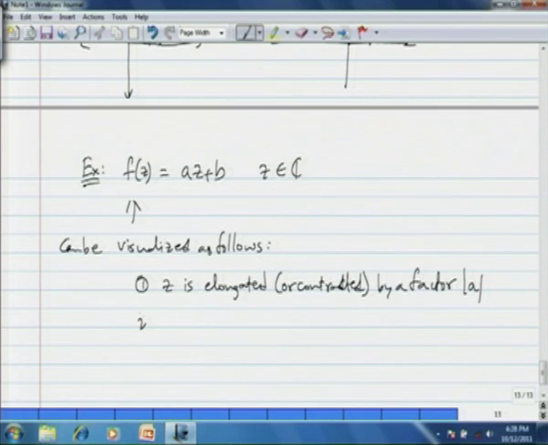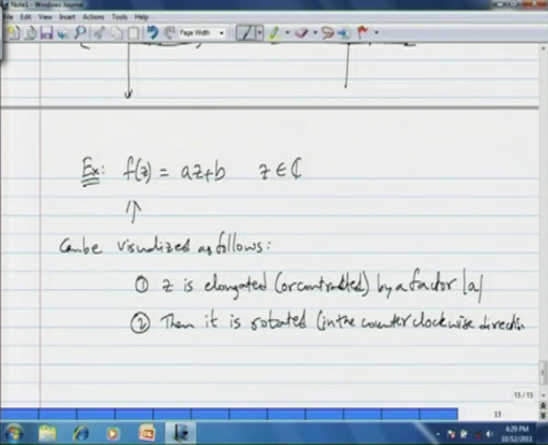Second, it is rotated in the counterclockwise direction by an angle, the argument of a.